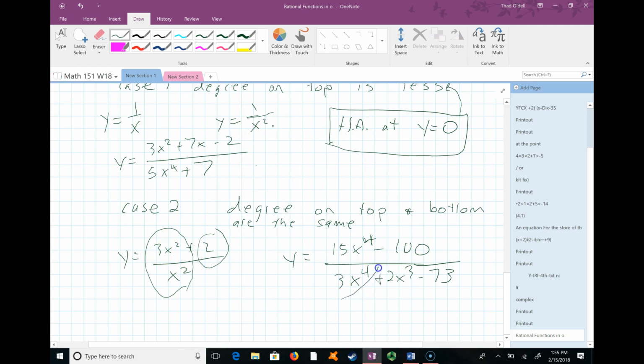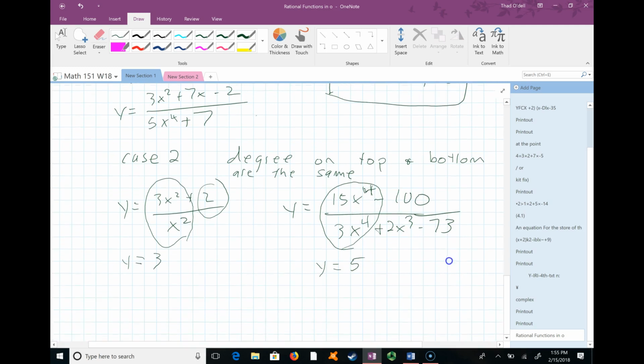Likewise here, this becomes the dominating feature, the bigger numbers we plug in. So this overall fraction gets closer and closer to the ratio of these two leading terms. In this case, we'd be headed towards a horizontal asymptote at y equals 3. And in this case, we'd be headed to a horizontal asymptote at y equals 5, because that's the ratio of the leading coefficients.